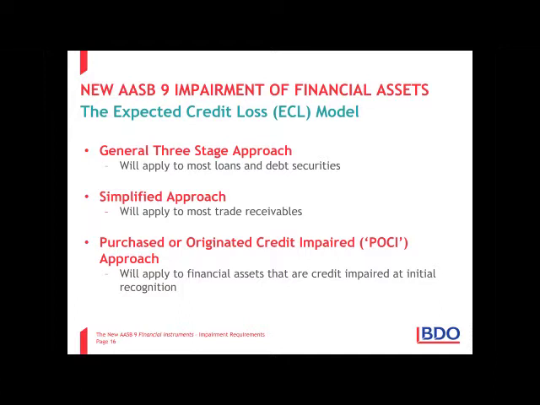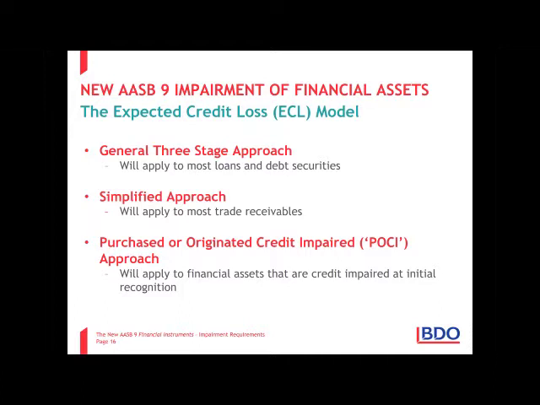So if we look at the expected credit loss model, there are really three different approaches that could be used. There's the general three-stage approach. It will apply to most loans and debt securities, so loan receivables. There's a simplified approach, which will apply to most trade receivables.